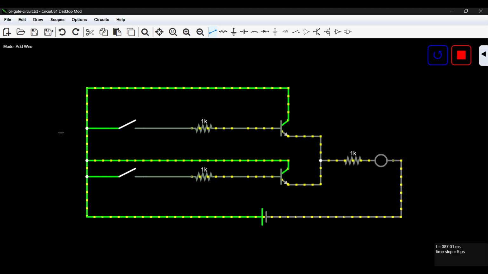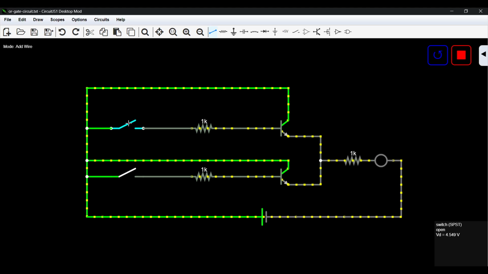If one of the statements is true, then the whole statement can be true. And only if both statements are not true, then the statement cannot be true. So let's see how that logic gate is implemented.